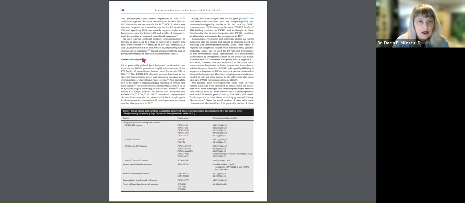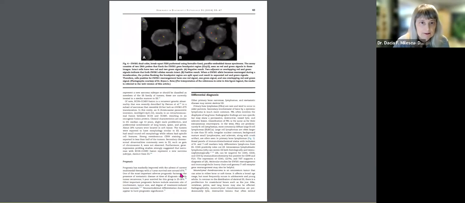So anyway, I found the genetic rearrangements and the genetic sequences that can lead to these types of bone tumors, including the Ewing sarcoma and Ewing-like sarcoma sequencing. And then, of course, there are different variations of it. Okay, so differential diagnosis, you have different types of bone cysts and bone cancers.